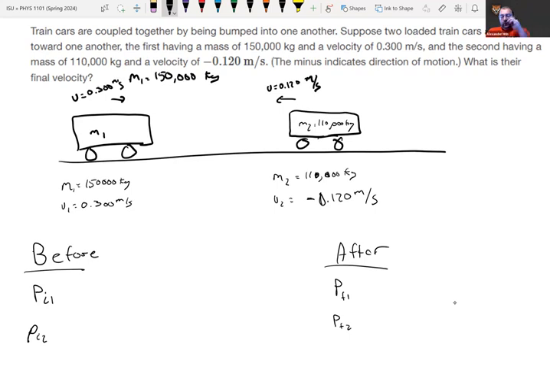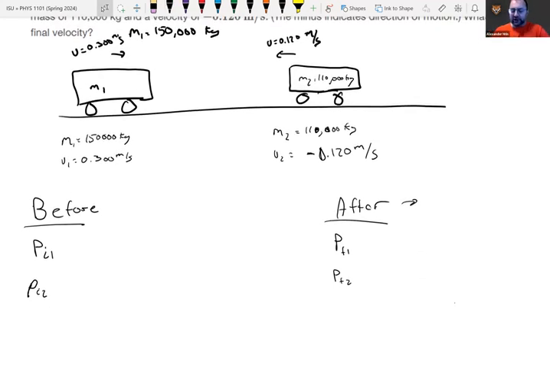Okay. Now, we're going to have to realize what's going on here. After is going to be a little bit tricky, but with before, we can just calculate this directly. So it would be 150,000 times 0.3, which is 45,000 kilogram meters per second.